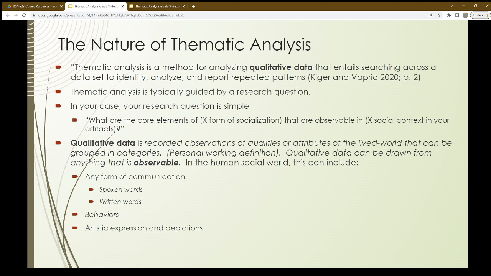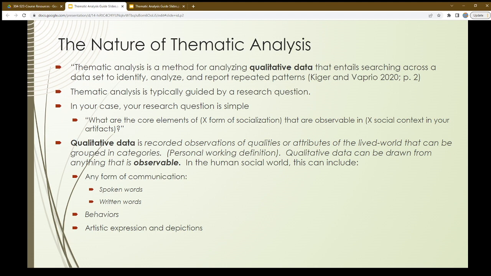So just take that social process and that artifact, and you can plug in whatever. At the end of the day, all of you are going to have really similar research questions, at least when it comes to doing this thematic analysis. Now, if you're in my senior seminar, this is going to lead into a more specific quantitative research question, but if you're in socialization, you don't have to worry about that at all.